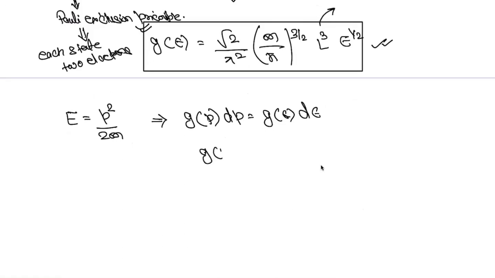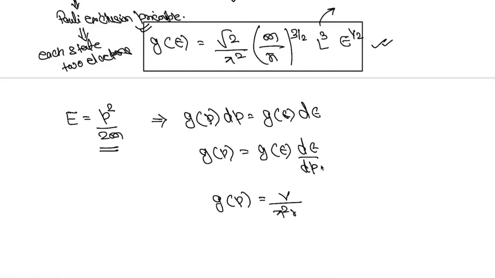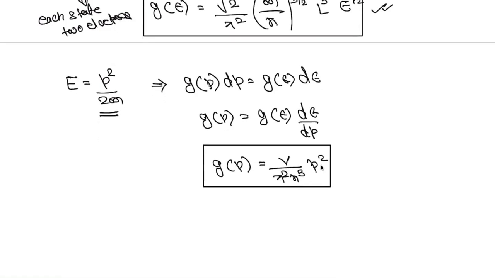So what will be g(P) here? g(P) will be g(E), which we have already calculated, times dE by dP. We can find dE by dP from here simply. And if you put it, g(P) will become V upon pi square h cube P square, where V is the volume that we have taken.